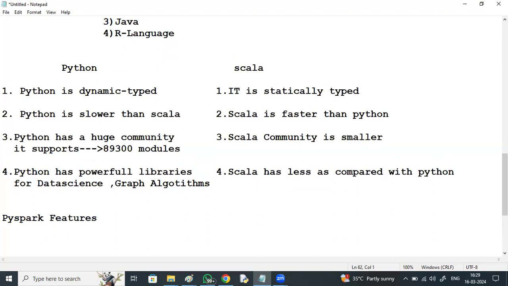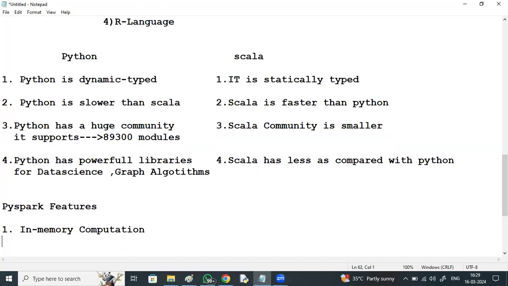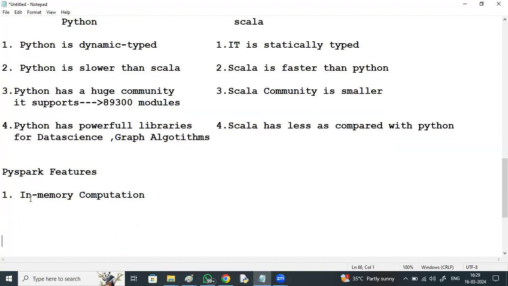The main feature we see in PySpark is in-memory computation. Even in the case of Hadoop, data is stored within the disk and then processed.